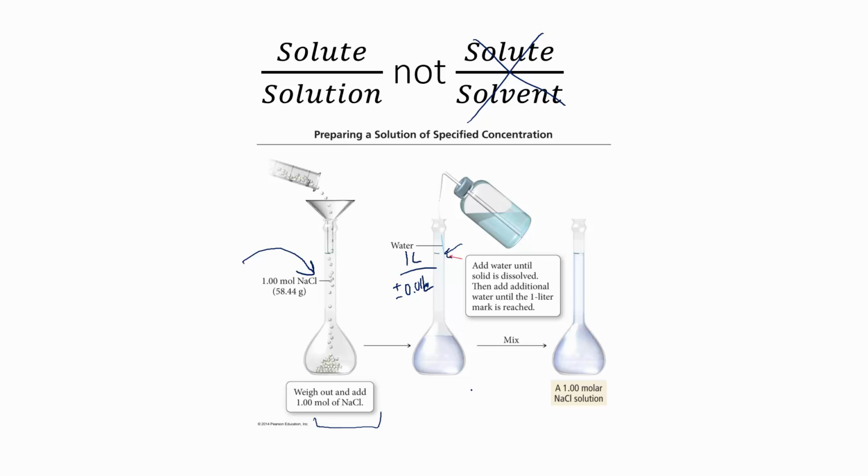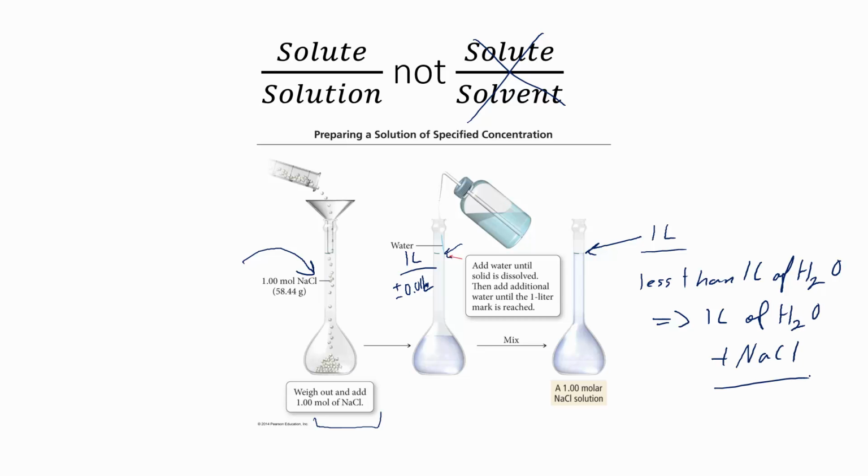So it gives you some good sig figs there. So when it's up to a total of 1 liter, I've added less than 1 liter of water, but I have now 1 liter of water plus sodium chloride volume. And so that's a 1 molar sodium chloride solution at that point.